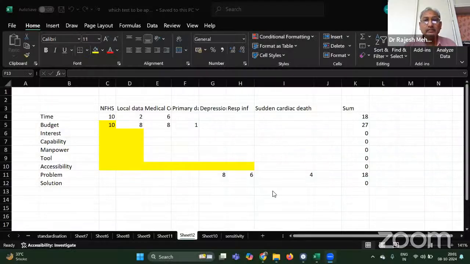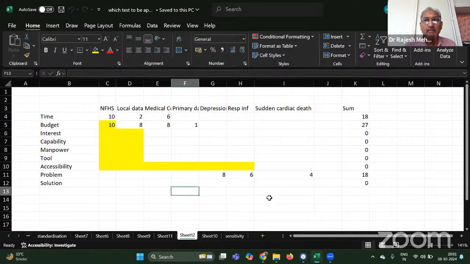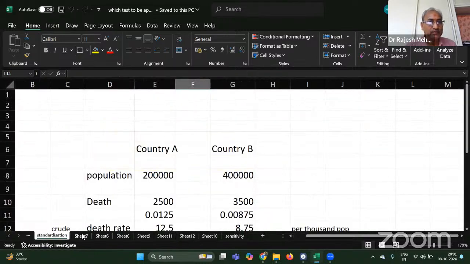So let me share you an Excel file. I think this is visible to you.